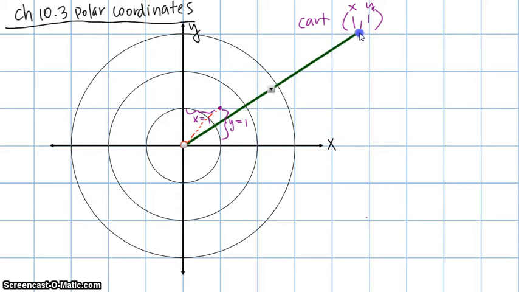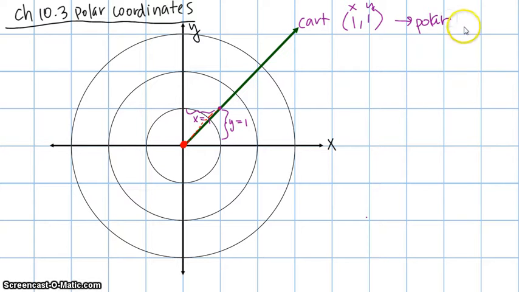So let's take a look at this Cartesian coordinate (1, 1). That's right here, right? This exact same point, I can actually change it into polar, and all it is, I'm indicating an r and a theta. Some sort of radius, which looks like it's bigger than 1, further than 1 from the origin, but less than 2.